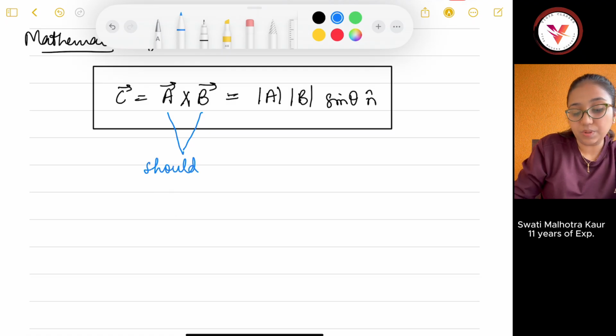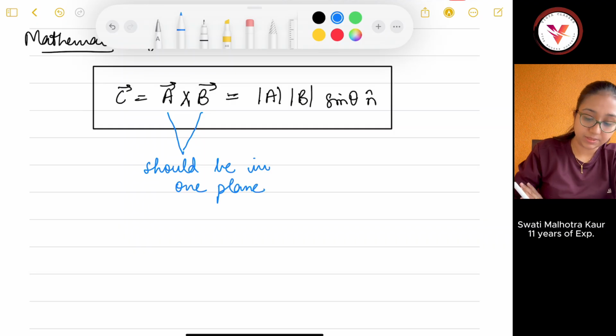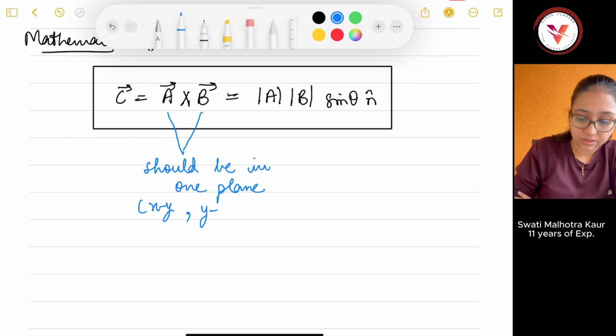That means xy plane, yz plane, or zx plane, anything.